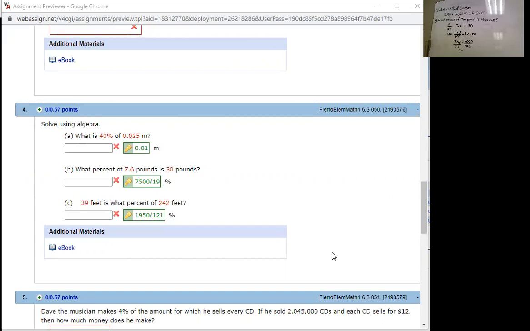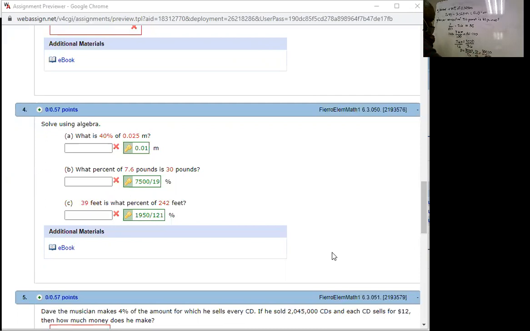Let's see. This is going to be hard right here because they want this as a fraction, but you can reduce this to simplest form. Well, I get that decimal in the denominator, so that means I need to multiply the numerator and the denominator by 10 to make it a whole number. Okay.